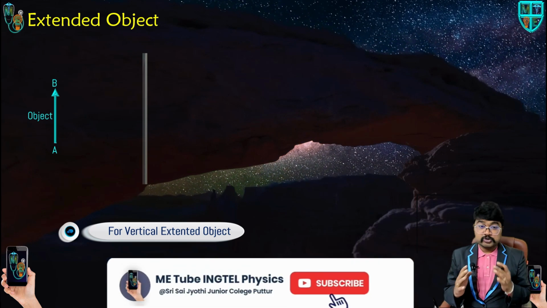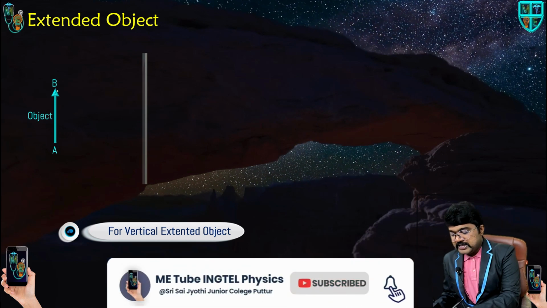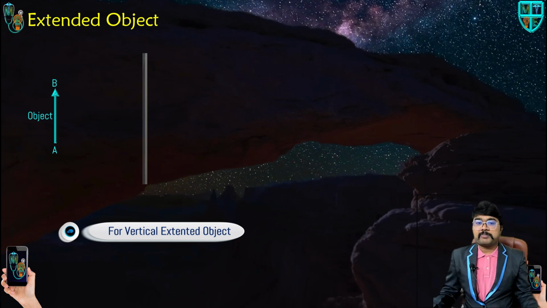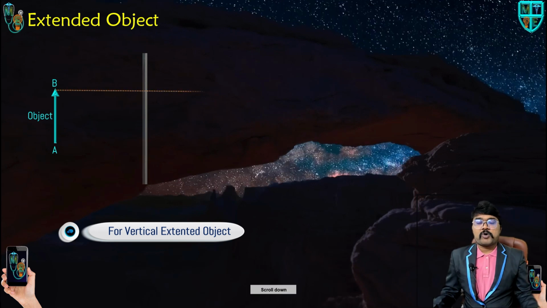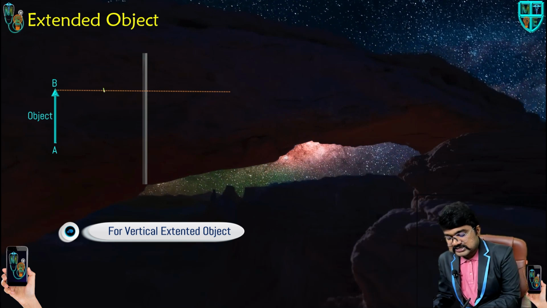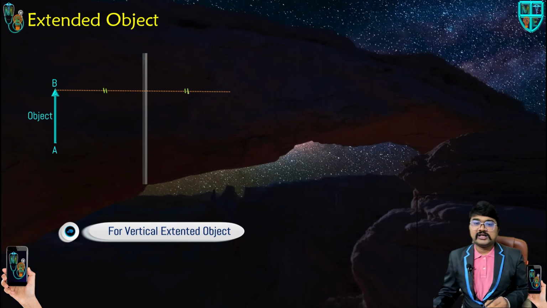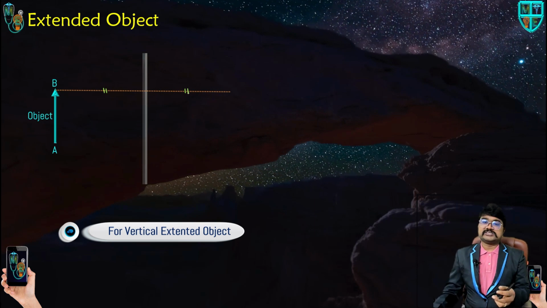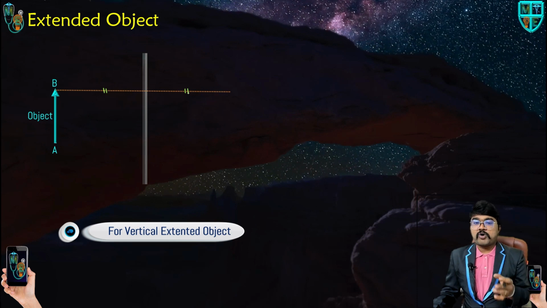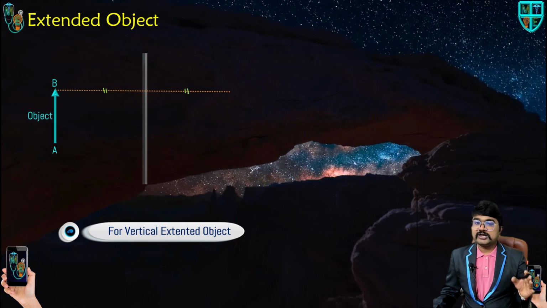Here we need to project the point B and point A. So we need to draw perpendiculars from the point B. So these two distances are exactly same. Understood now? So this mirror is a perpendicular bisector of line joining the point object and point image.